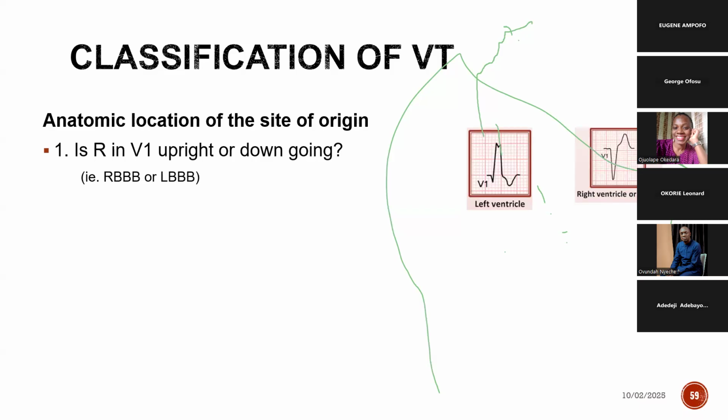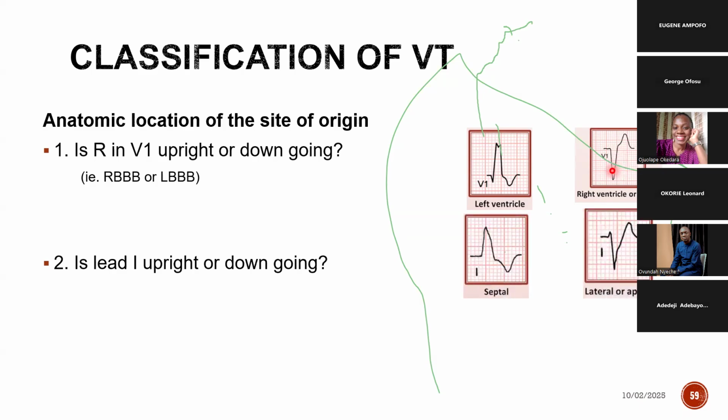And usually, if you are talking about scars, they tend to occur more in the septum than in the right ventricle. So if you have the QRS complex being more negative, or left bundle branch block morphology in V1, then the lesion will be in the right ventricle or the septum.